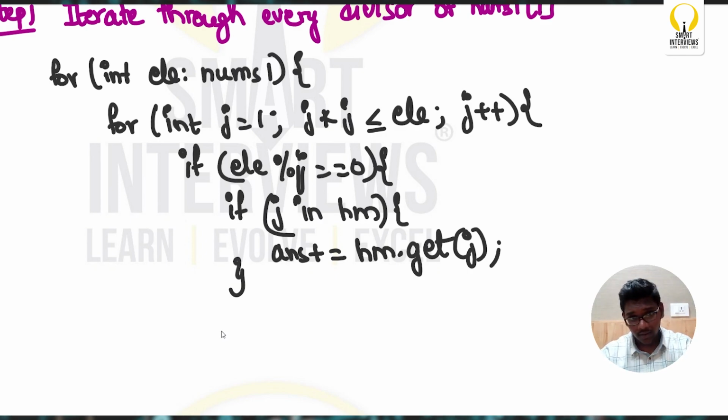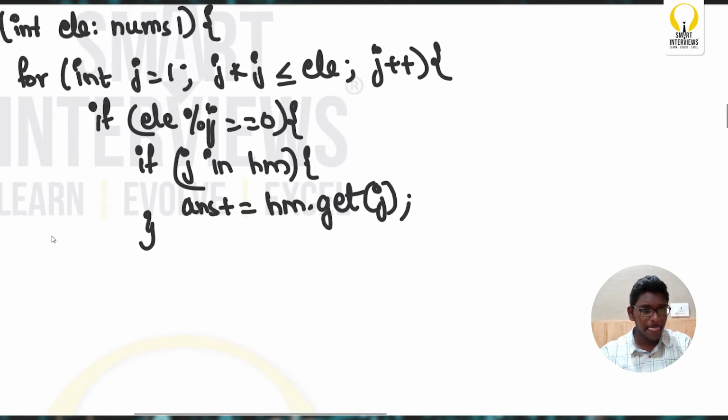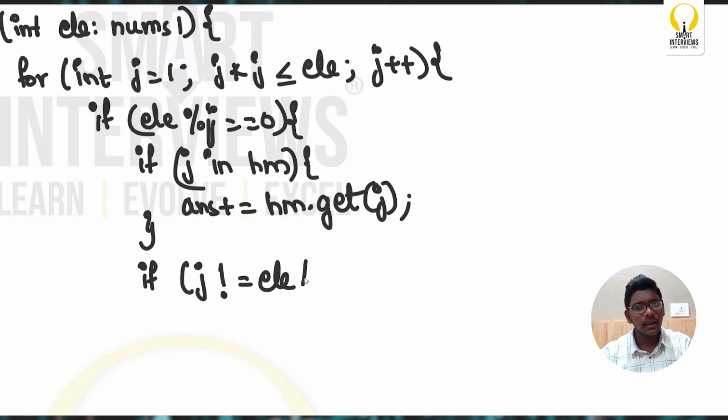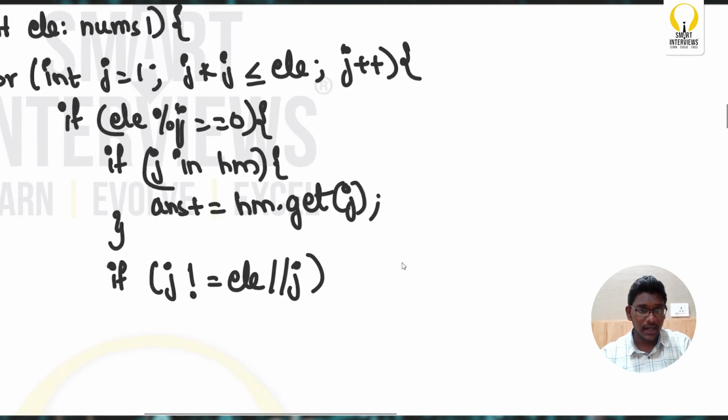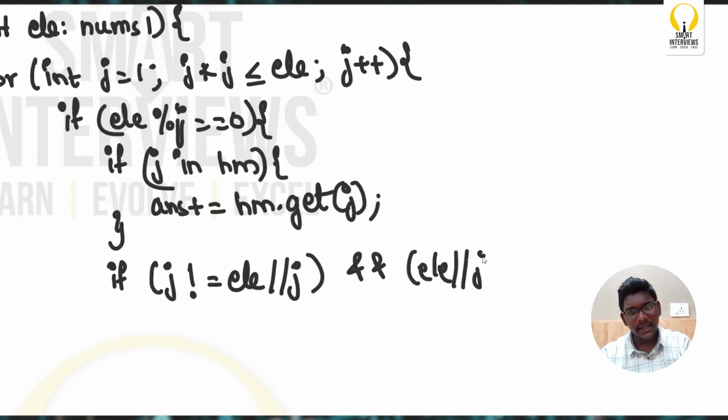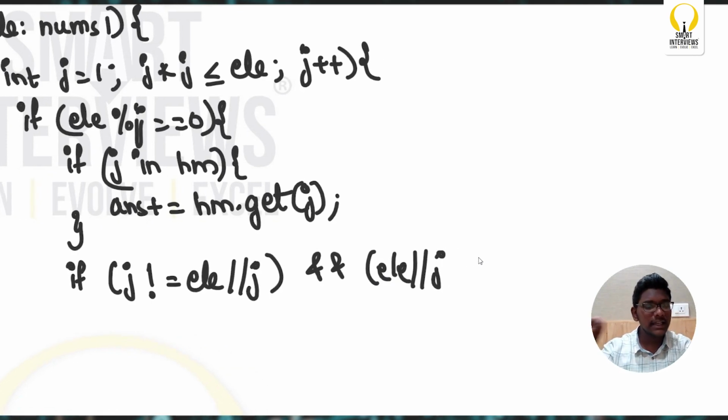Or we have one other case where j into j can be not equal to element, but still there might be a case where it exists. The exact case is j not equal to element by j. And again, if my element by j as well, if my divisor as well is present in map, then what will I do?